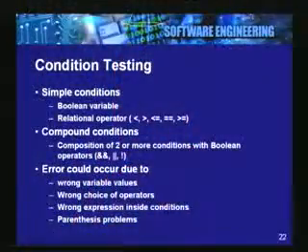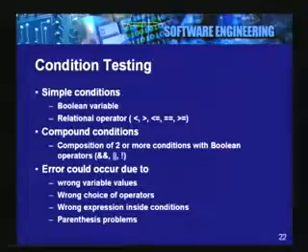Errors could occur in conditions due to wrong variable values, wrong choice of operators, wrong expressions inside the conditions, and parenthesis problems, where the parentheses are not closed appropriately, or are closed at inappropriate places. Condition testing analyzes the different compositions and derives test suites based on the conditions.